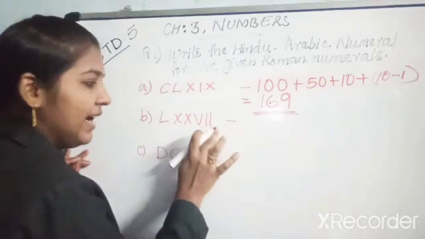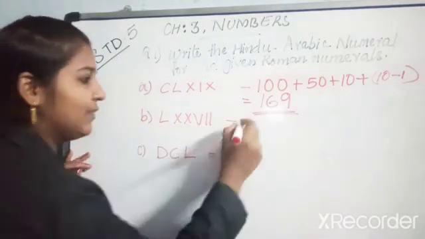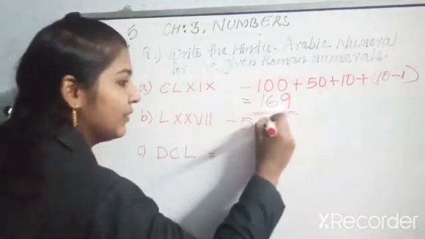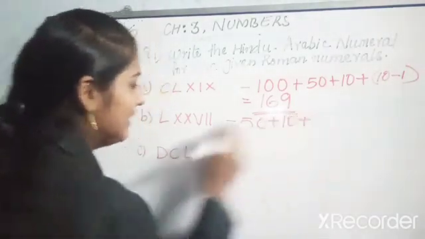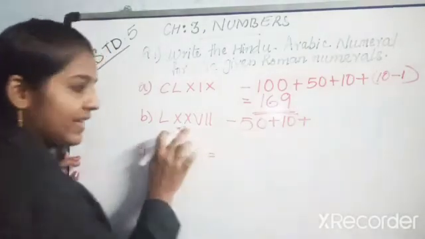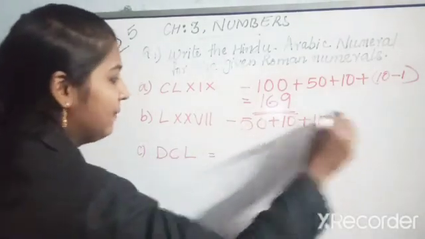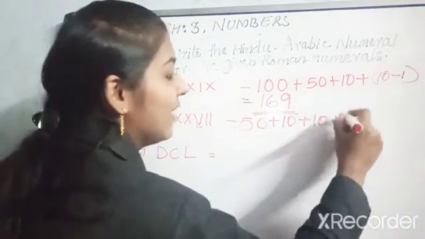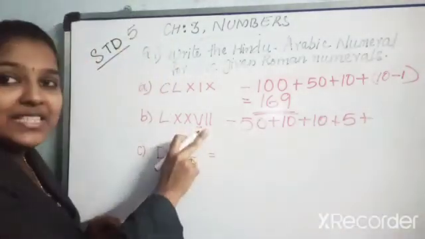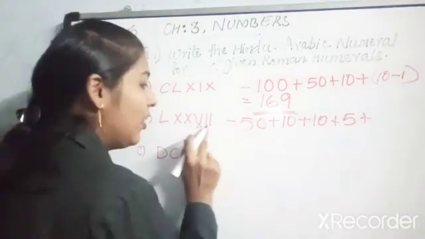LXXVII. Okay. L stands for 50. So 50 plus X is for 10. 10 plus, then next X is again 10. So 10 plus, then V stands for 5. So 5 plus, then I stands for 1. So how many I's? 2 I's.